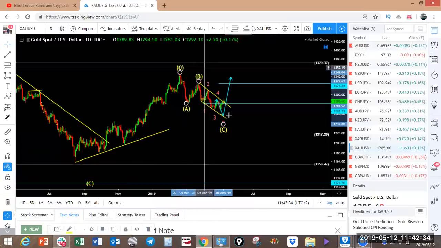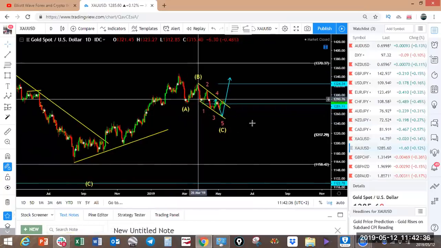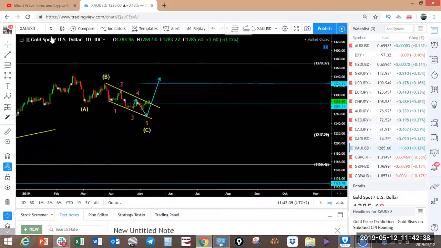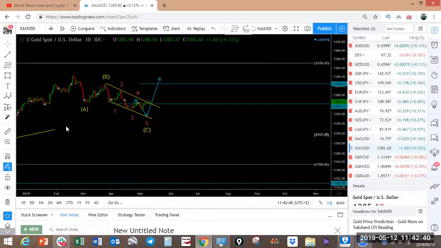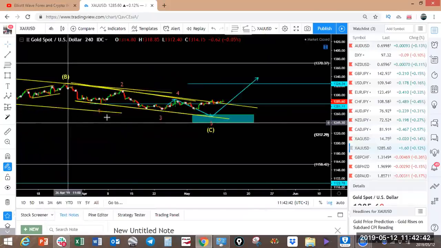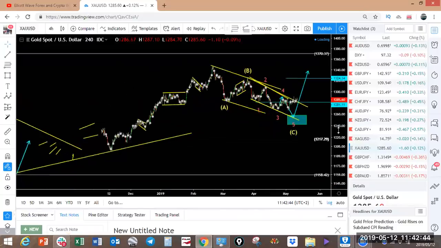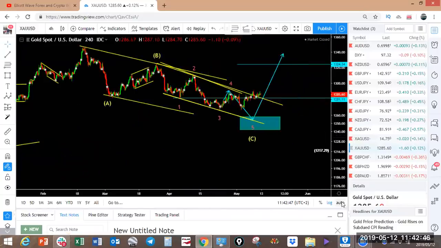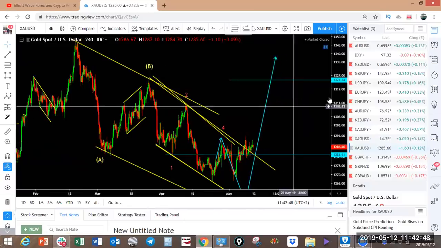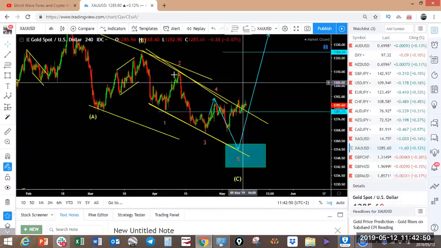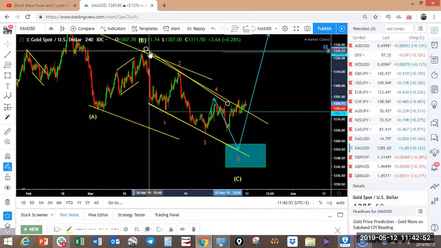Okay, that's A, B, C. We're expecting this to play out with diagonals. Let's look at it in the 4-hour. Let's clean it up.